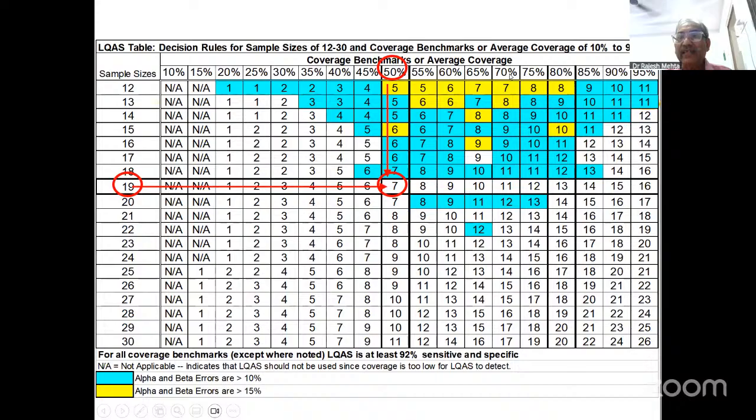Then you can say that the probability that 90% are covered is less, because by this survey we can say that 70% is the maximum coverage and not 75, 80, 90 like this. So this is the beauty of this lot quality assessment.